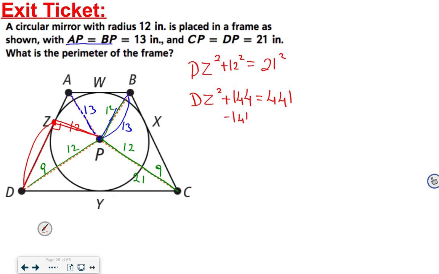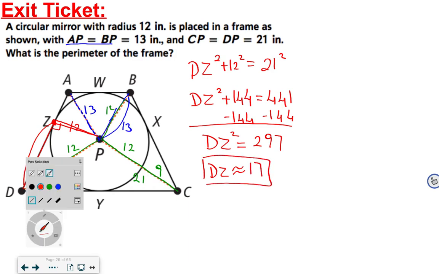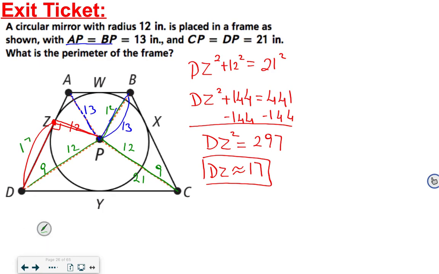If you subtract 144 from both sides, then DZ squared is going to be equal to 297. If I take the square root of both sides, DZ is going to be approximately 17. So this part is 17, approximately.